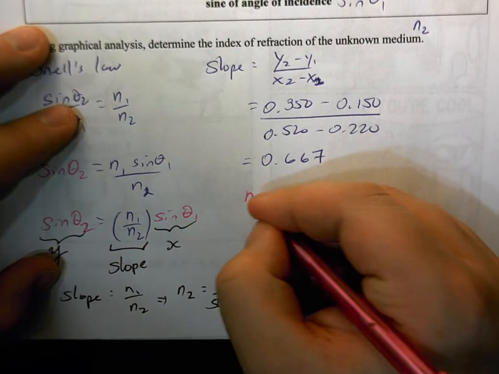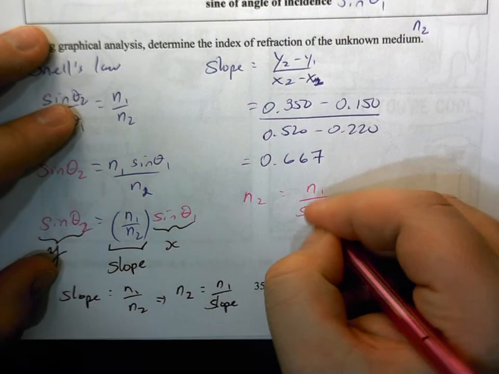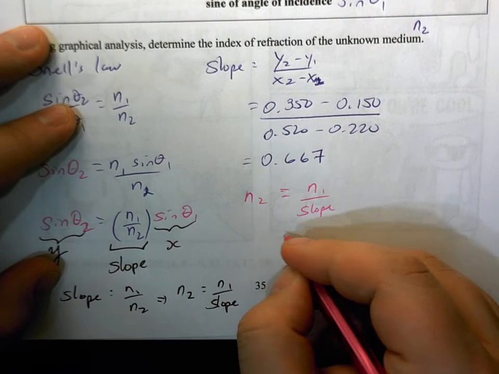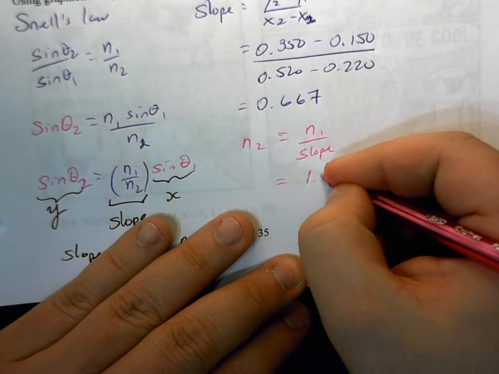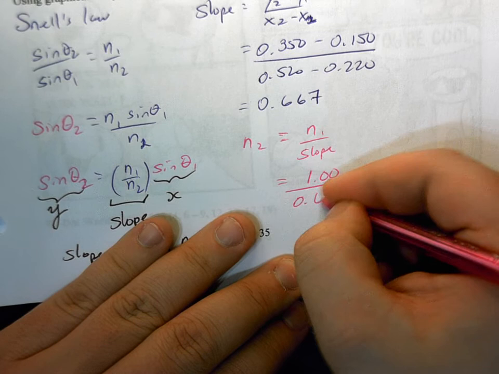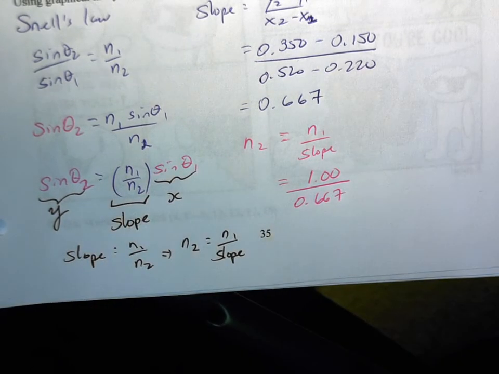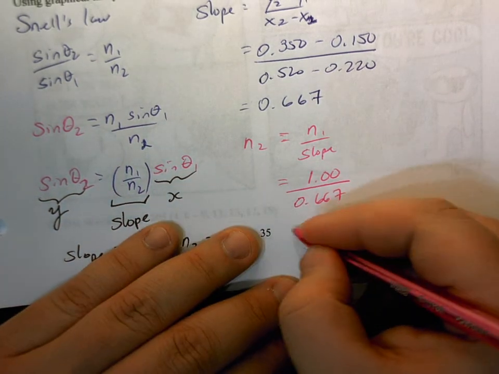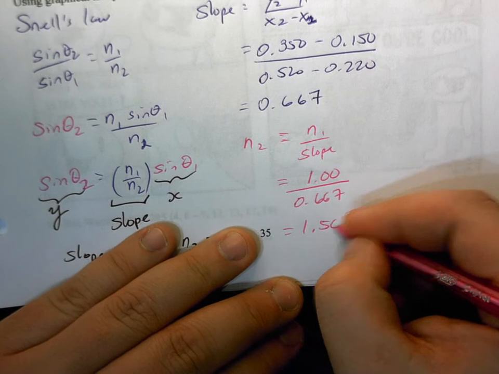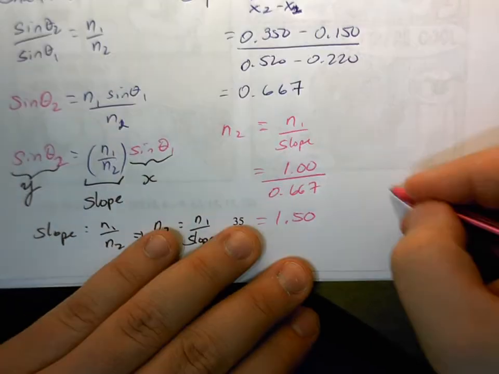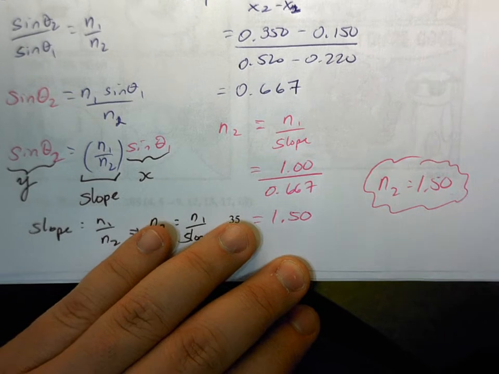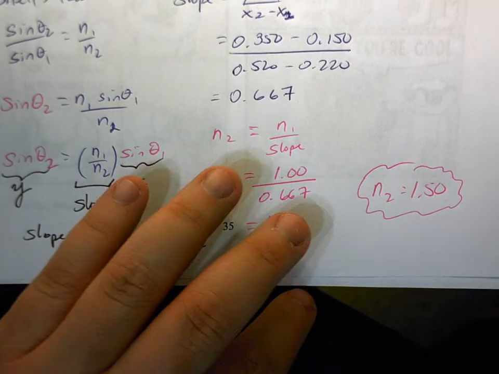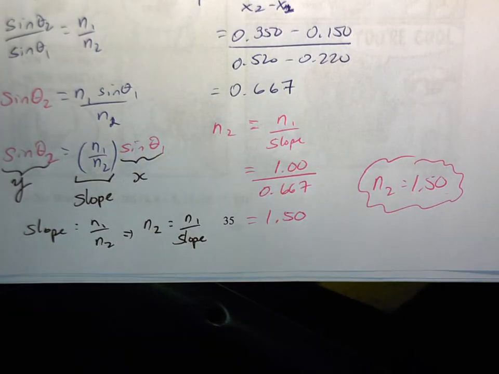We're told this thing starts in air, so n1 is just going to be 1. So we're going to have 1 divided by this slope of 0.667. This gives me about 1.50. So using graphical analysis, the index of refraction of my second medium is about 1.50.